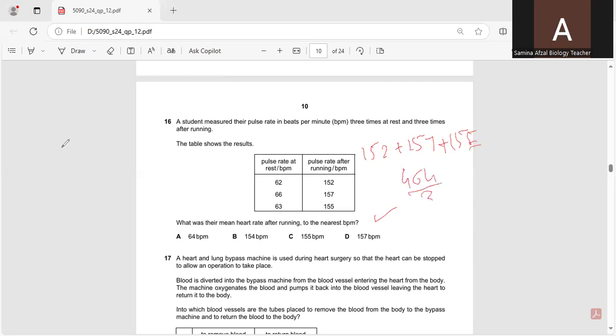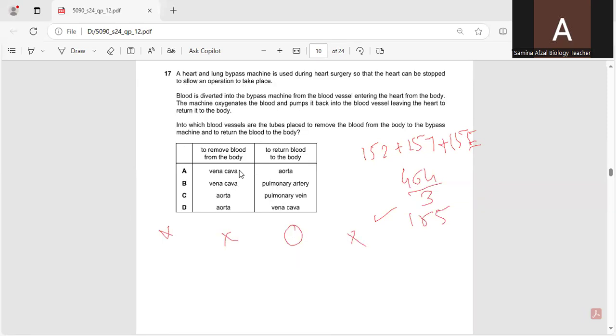We will divide it by 3. So when we divide, it will be 155. So C is the correct option after taking the mean. A, B, and D are not the correct options. So question number 16 is done.